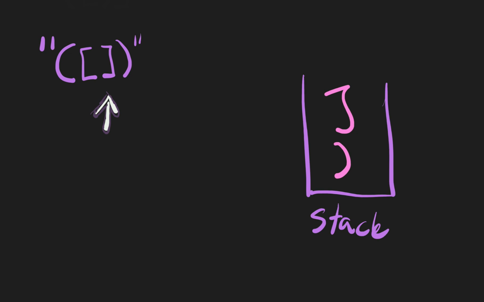Now we have a closing bracket. So what we'll do is pop the last item from the stack and compare these two. Yeah, these guys are the same. It's good. And we just move along to the next character.